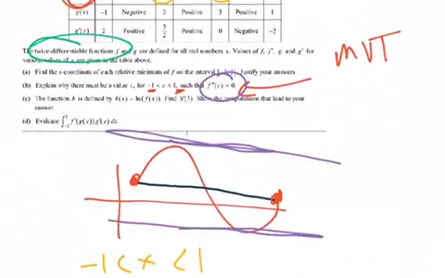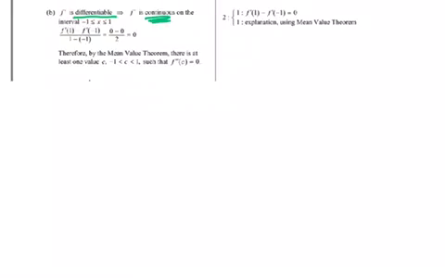So if f prime is differentiable, then it has to be continuous. We showed earlier that when we find the slope, we get it to be 0, and then we can say, therefore, by the mean value theorem, there is at least one value of c between -1 and 1, such that f double prime is equal to 0.